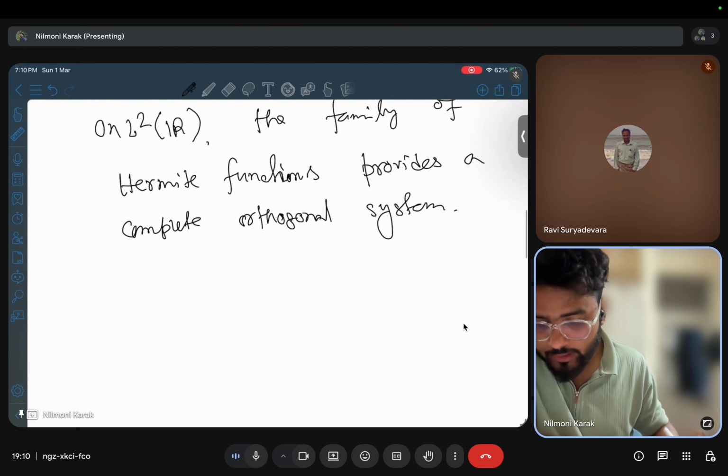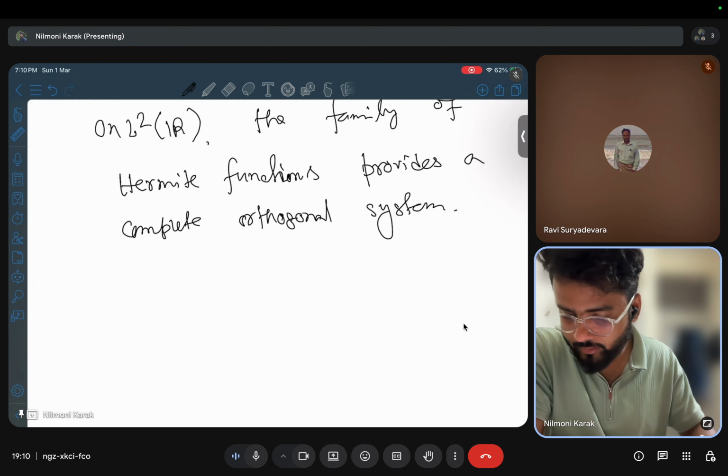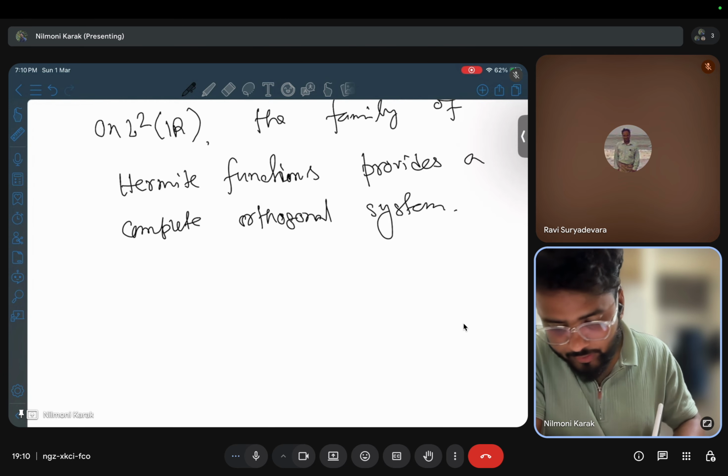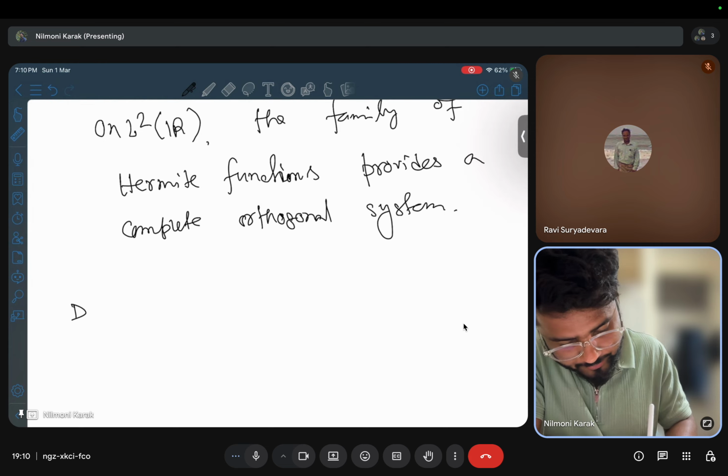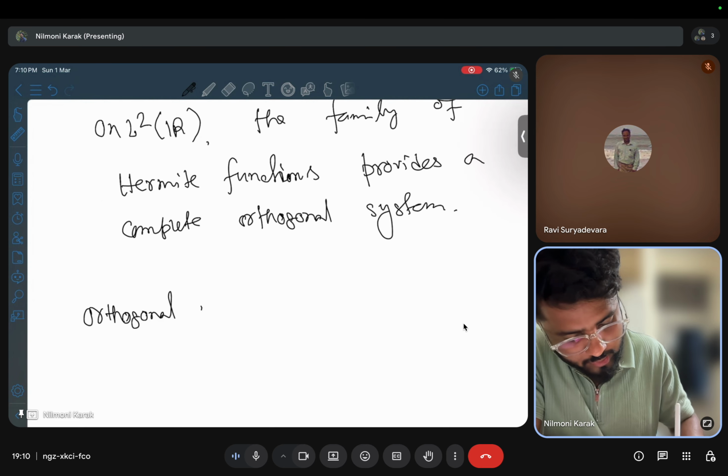So let us see what is an orthogonal system. Definition.